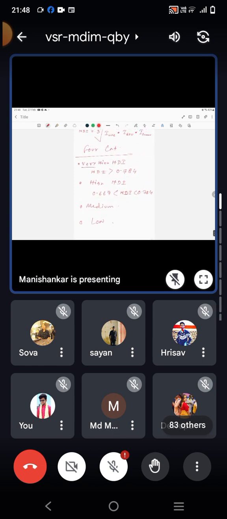Medium is when HDI is less than 0.669, and low HDI means when your HDI is less than 0.47.